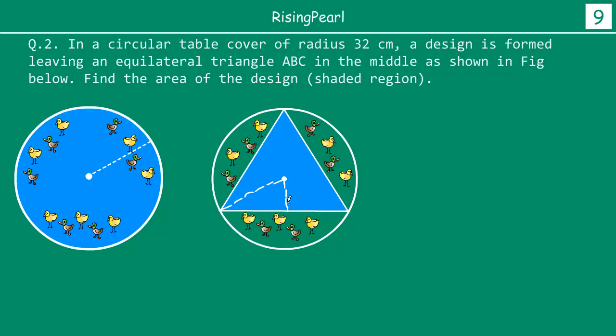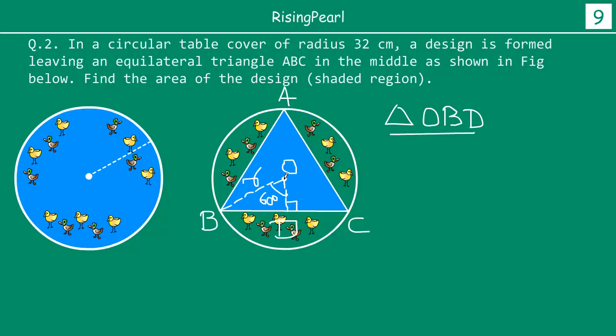Remember this was our ABC, and this point is D. If you just focus on triangle OBD, this angle is 60 and this is 90, and we know the radius.